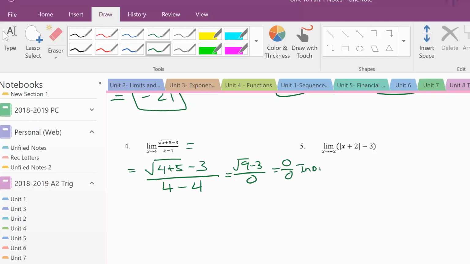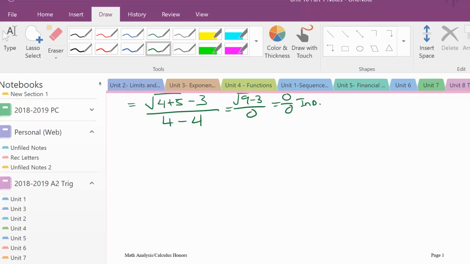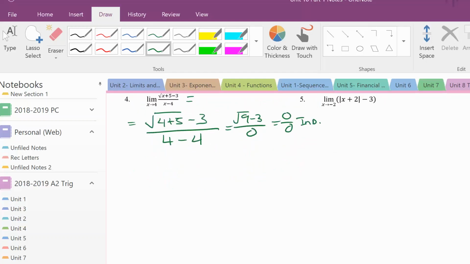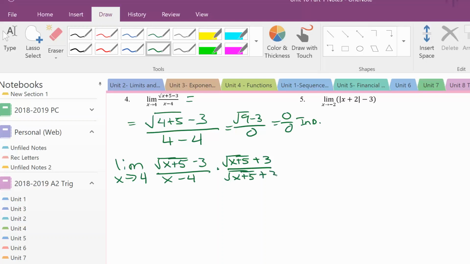Right, so now we have to do some algebra, and remember when there's a radical, we can rationalize either the numerator or the denominator. In this case, we will rationalize the numerator and make it the square root of x plus 5 minus 3 times the square root of x plus 5 plus 3, and do the same thing to the denominator.